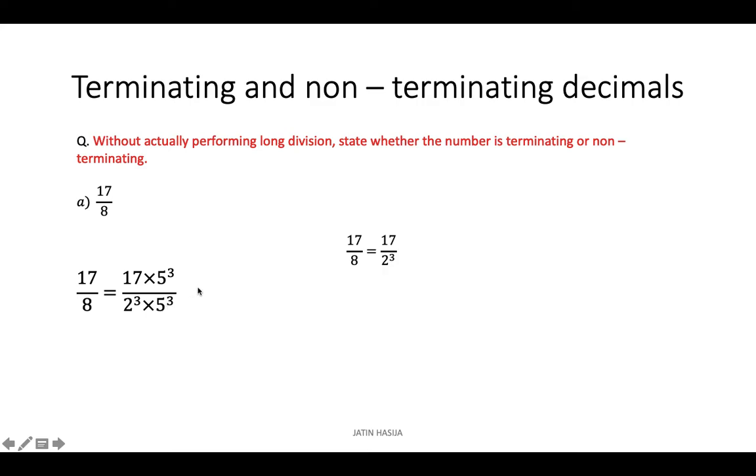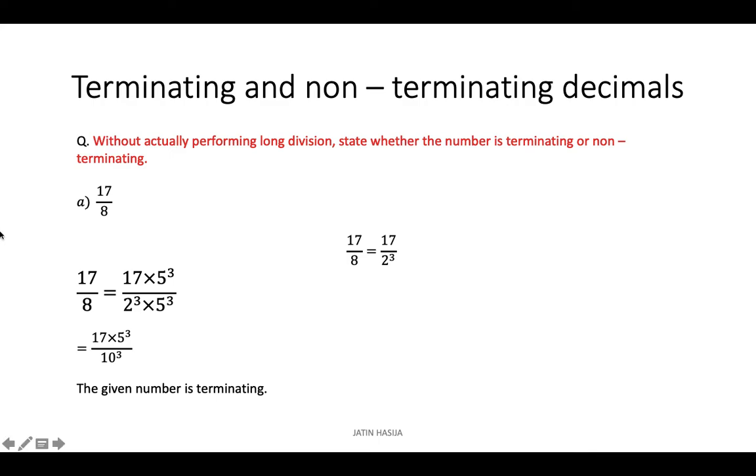If this can be done, means if I can express this denominator in terms of 10 to the power of any number, we can say that the given number is terminating, otherwise it will not be considered as terminating. Hence the output will be that the given number is terminating.